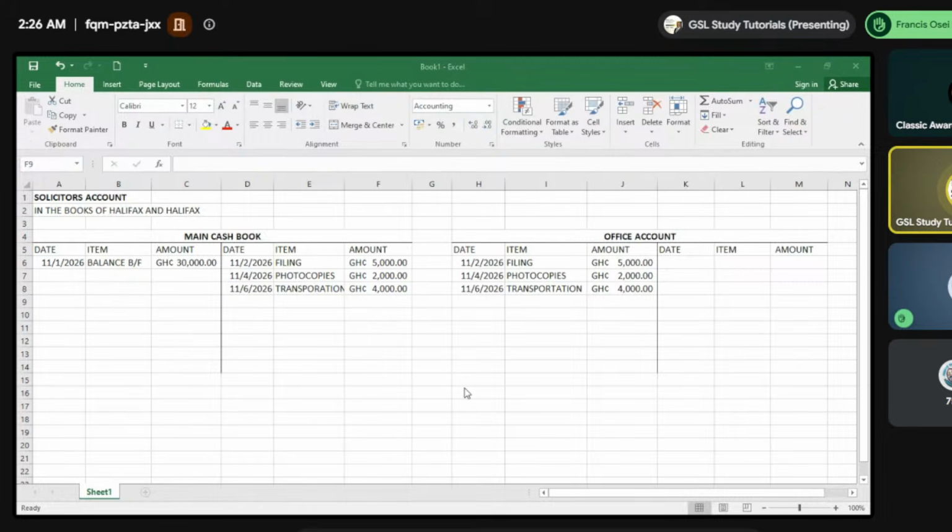They said payments made on behalf of the client from the firm's cash resources will debit office account and then credit main cash book. So let me add this as the manual has stipulated it. Let me add these rules quickly.